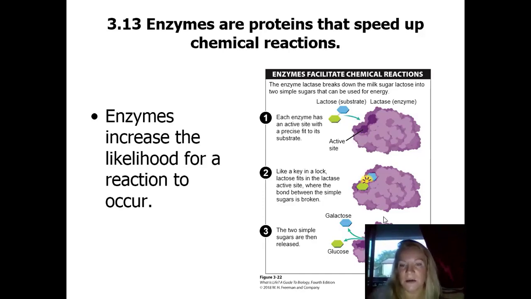Lactase, most enzymes have the ASE ending, not all. But when you see that, you think enzyme. That's why they sell those little pills of lactase for lactose intolerant people. So you can have this in your body to help break apart lactose.